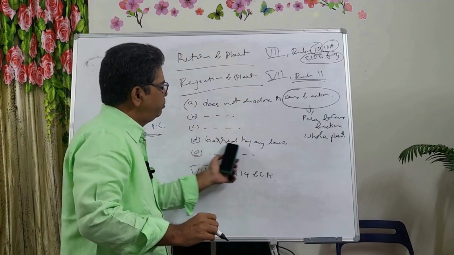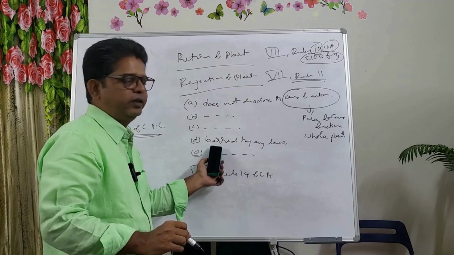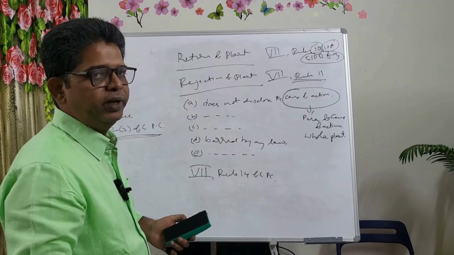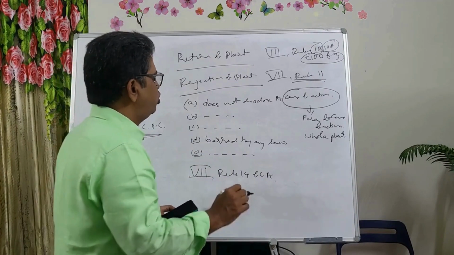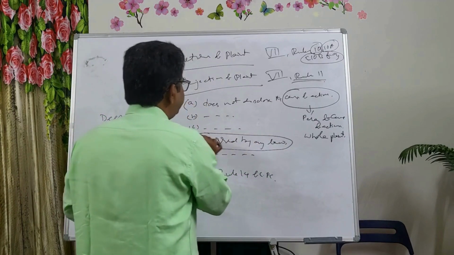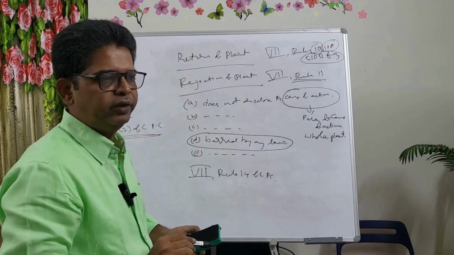And barred by law means only law. Okay, you get the point? Therefore, when the defendant takes the objection that the suit is barred by limitation, the court shall not reject the plaint. Instead, it shall continue to try the suit. Okay, you get the point?